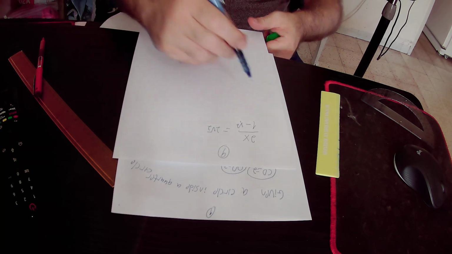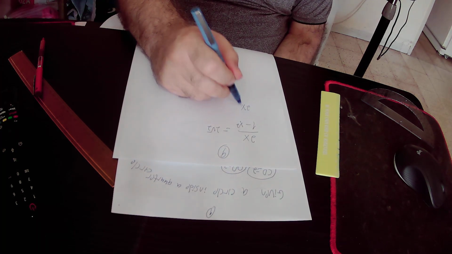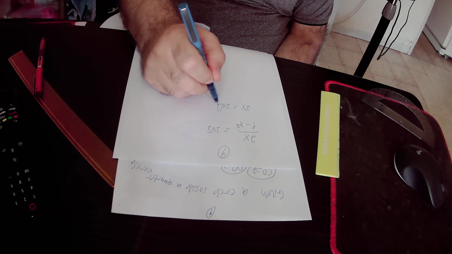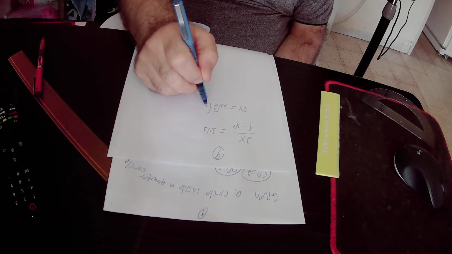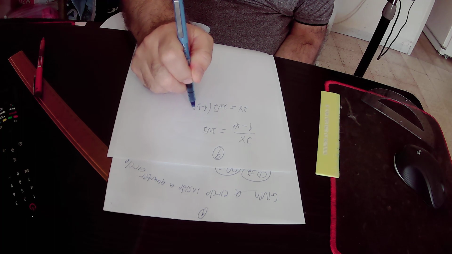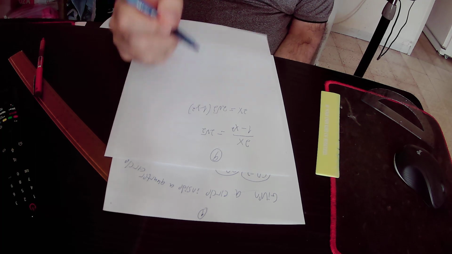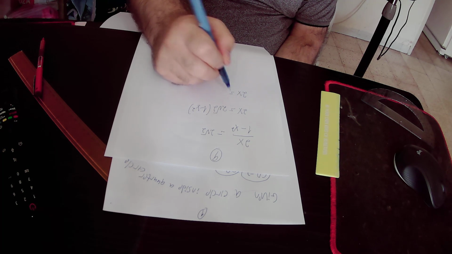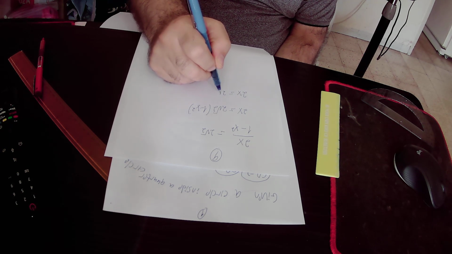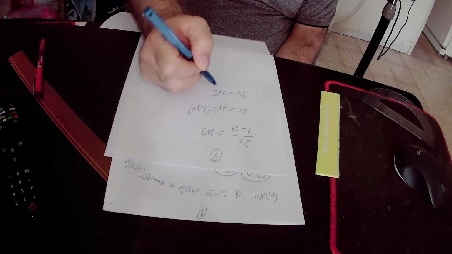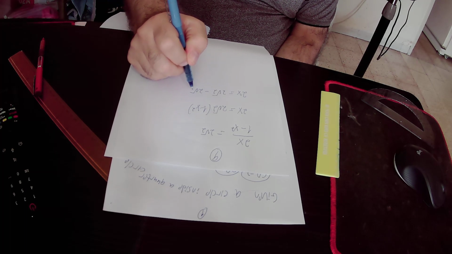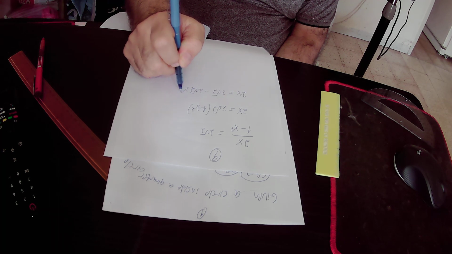We'll get 2x equals 2 times root 2 times 1 minus x squared. We will open the brackets, we will get 2x equals 2 times root 2 minus 2 times root 2 x squared.